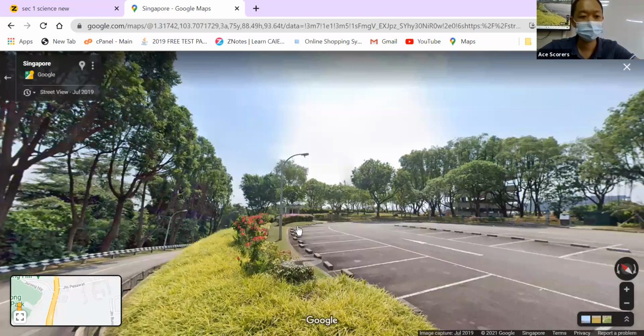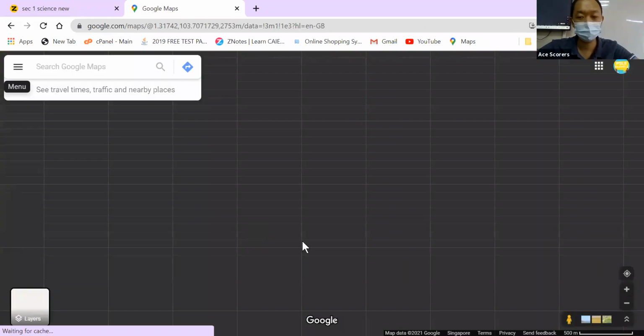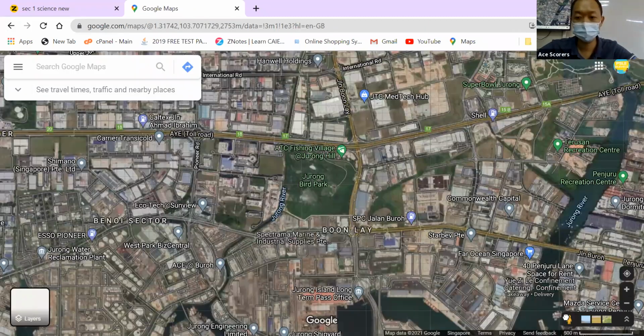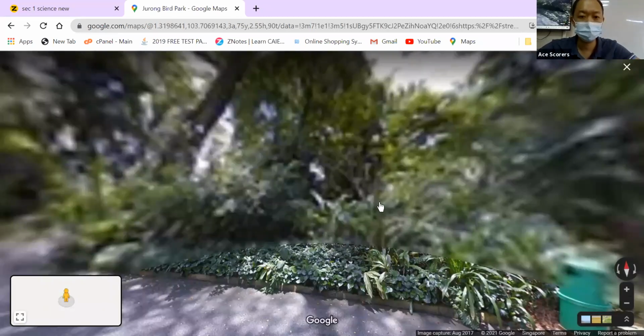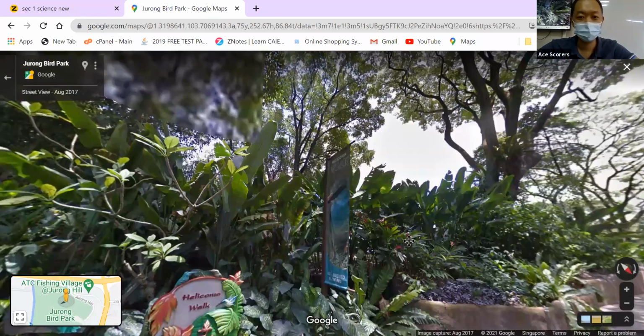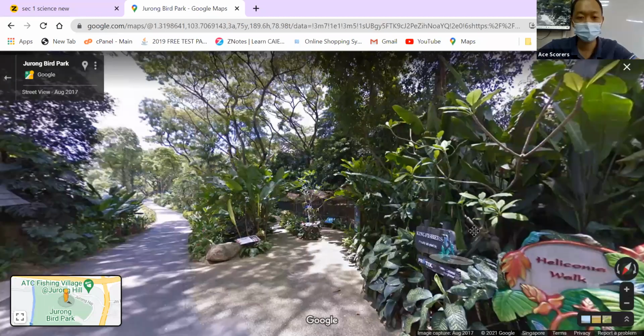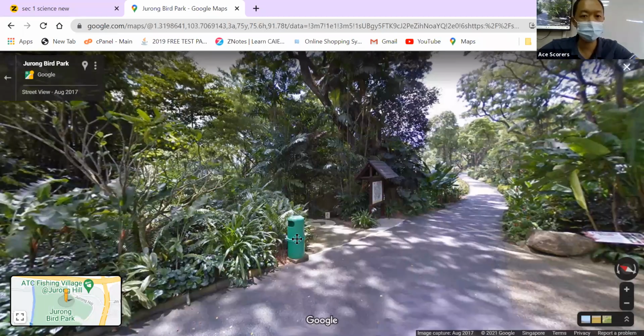You can just take out your computer. It's a very old place. But that's the reason why they put it there.